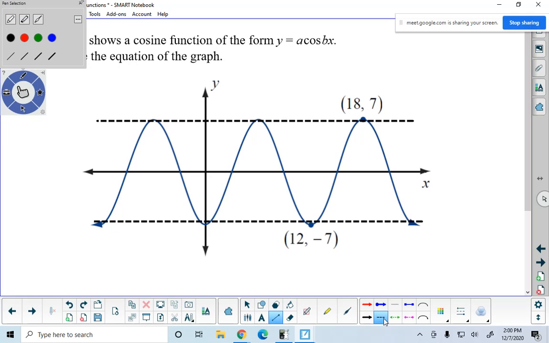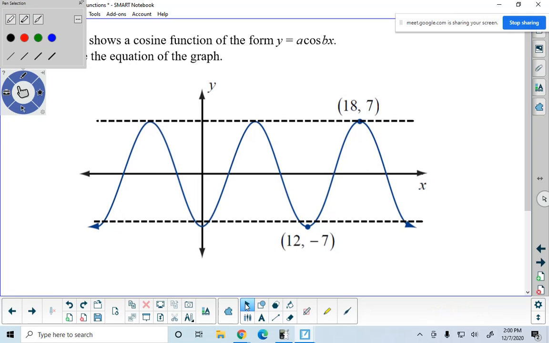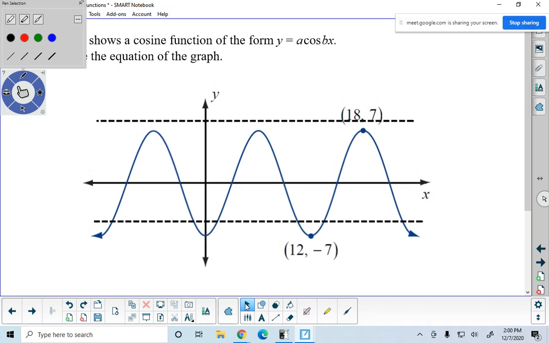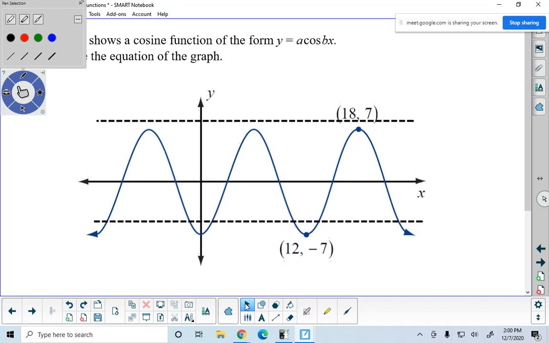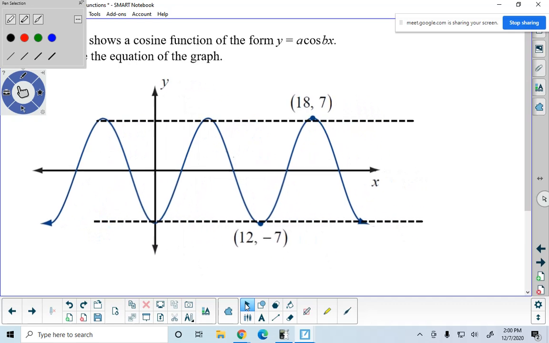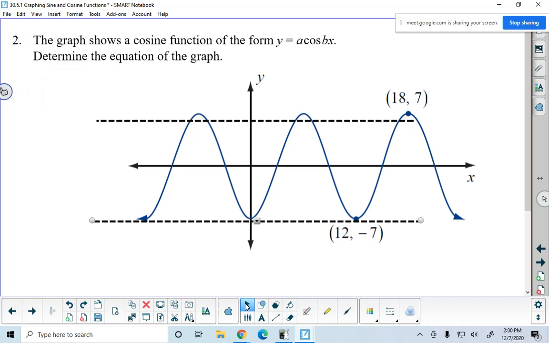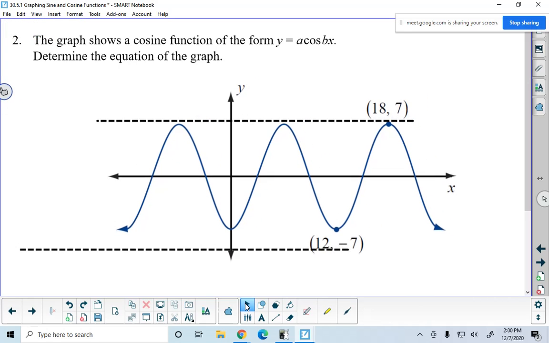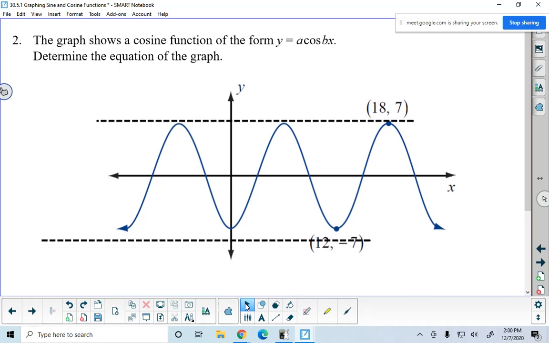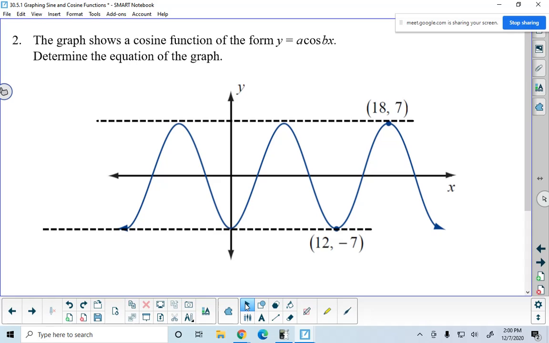I would like everybody to figure out that if the bottom line is at -7 and the top line is at +7, where is the middle in terms of y?